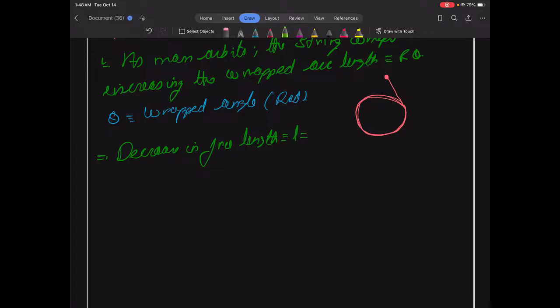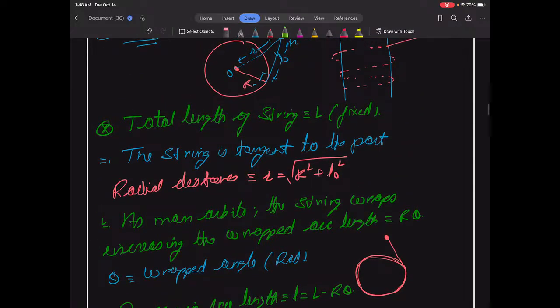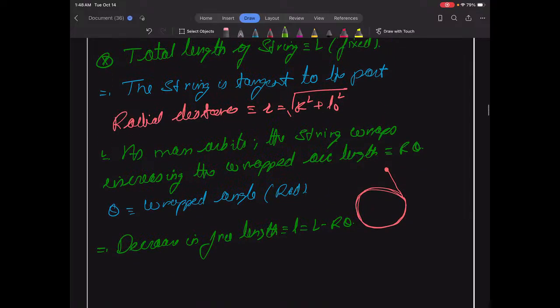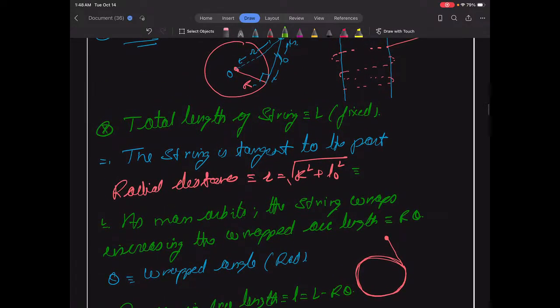Let us suppose that L will be equal to original length minus the wrapped length, okay. And the original length is what we called L naught.